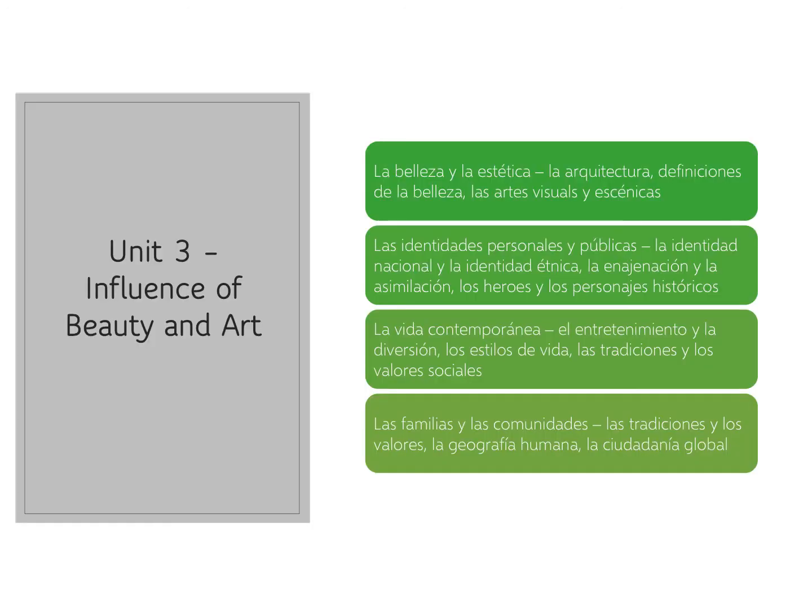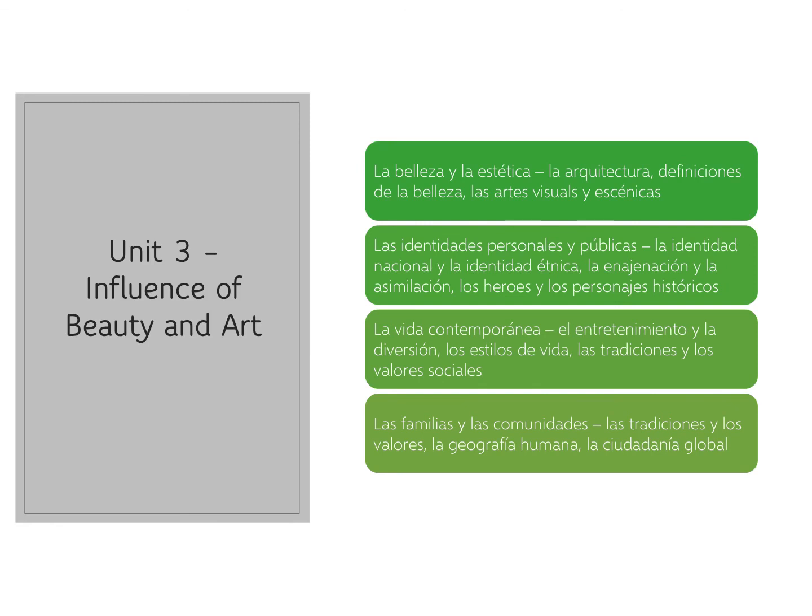The third unit is going to cover the influence of beauty and art. And again, within this unit, there are 4 topics with different subtopics. So the first one would be la belleza y la estética. And within this, they're going to cover la arquitectura, las definiciones de la belleza, y las artes visuales y escénicas. The second topic would be las identidades personales y públicas, which within that, they're going to cover la identidad nacional y la identidad étnica, la enajenación y la asimilación, y los héroes y los personajes históricos.